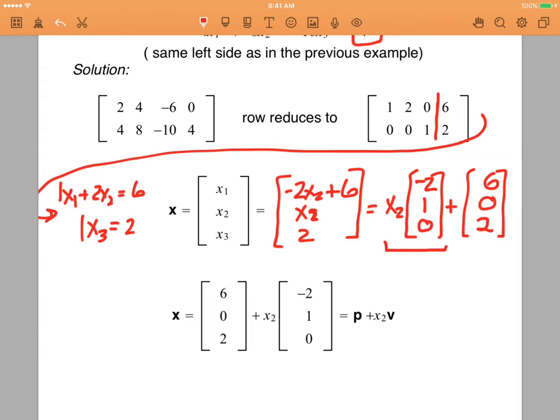And the x2 part of it is exactly the same, because these numbers in this x2 times this vector, negative 2, 1, 0, are all based on the coefficients on the left-hand side of the augmented matrix. So that's going to be the same. So this is the same as the homogeneous solution. Doesn't matter whether you're looking at my version or their version.